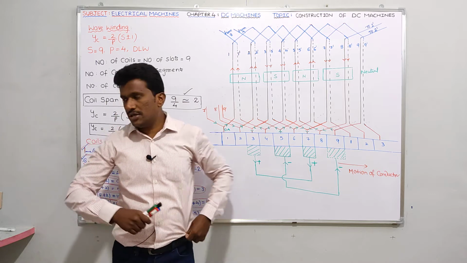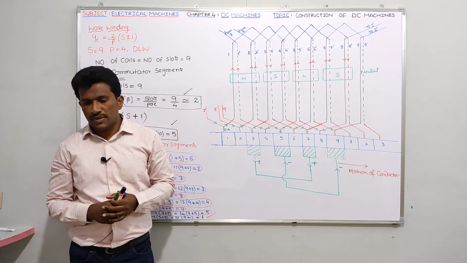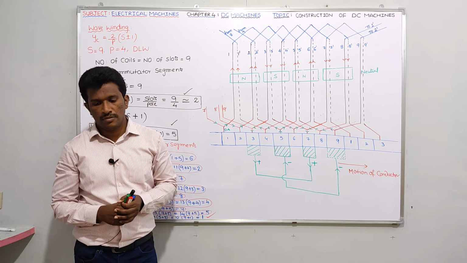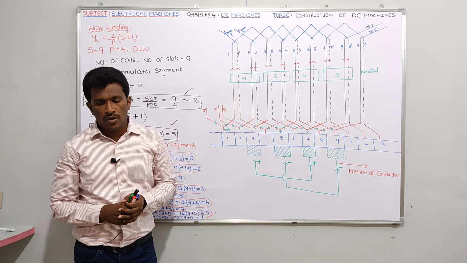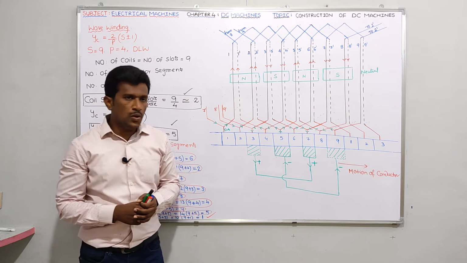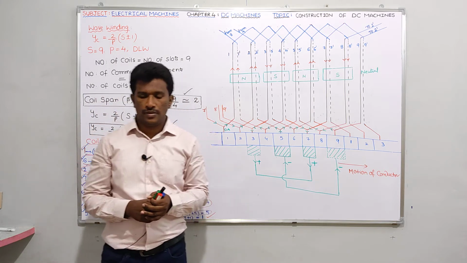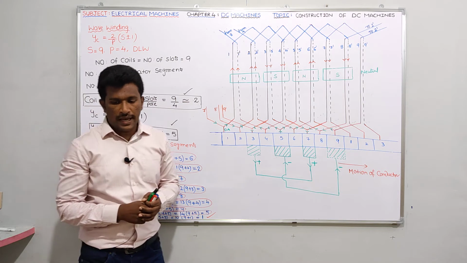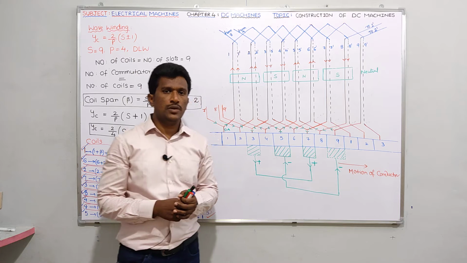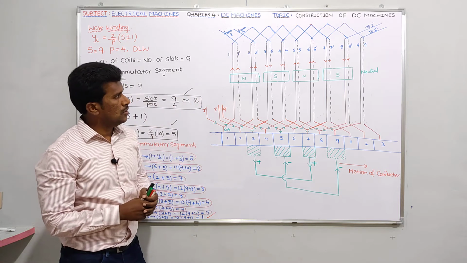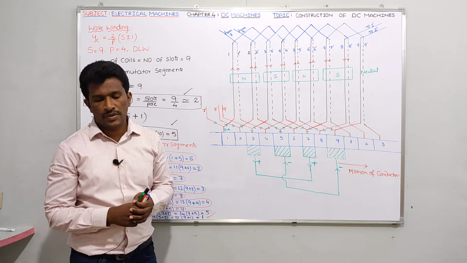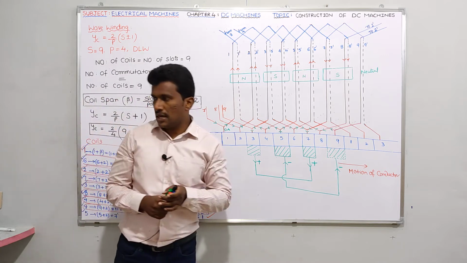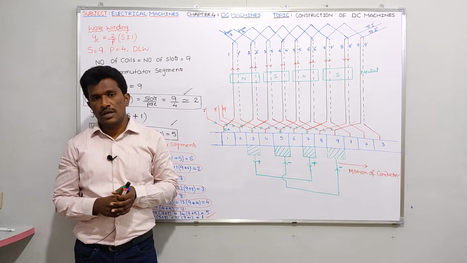But for a large DC machine, we can use as many brushes as there are number of poles in the DC machine.